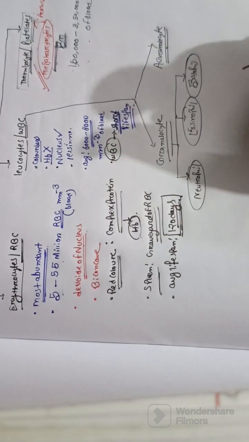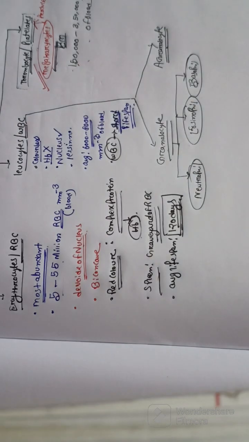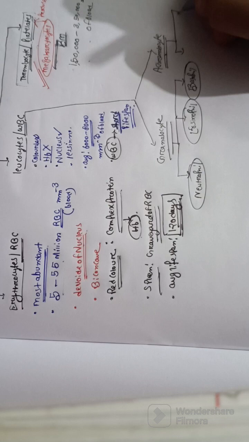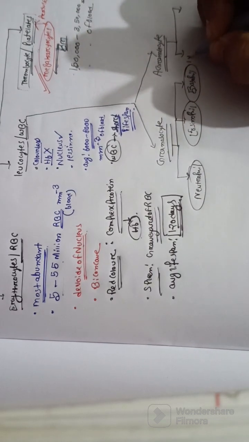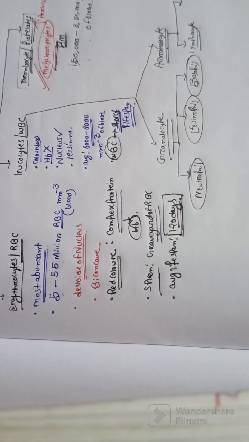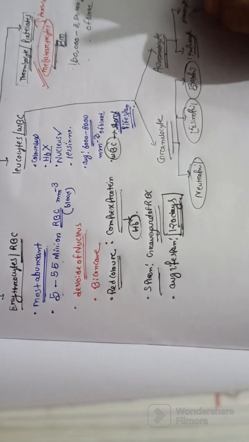Agranulocytes are classified into two types, the very famous lymphocytes, major discussions about which are carried out in the Human Health and Disease chapter of class 12, and the next is monocyte.